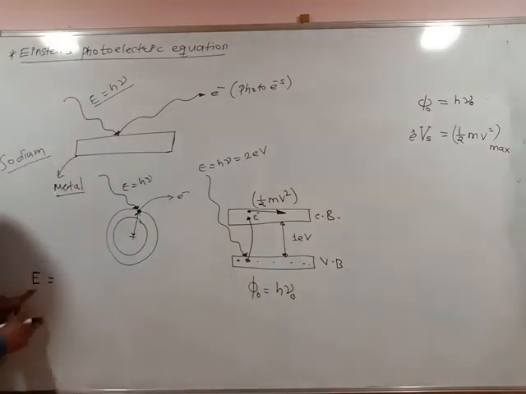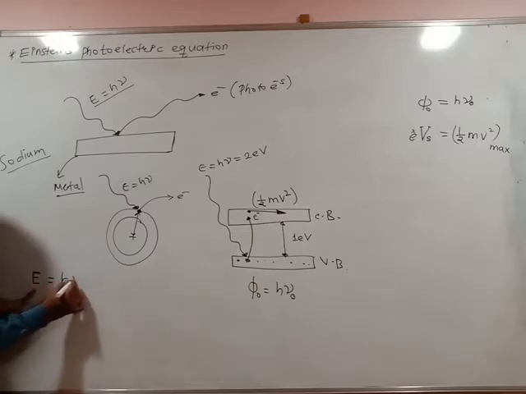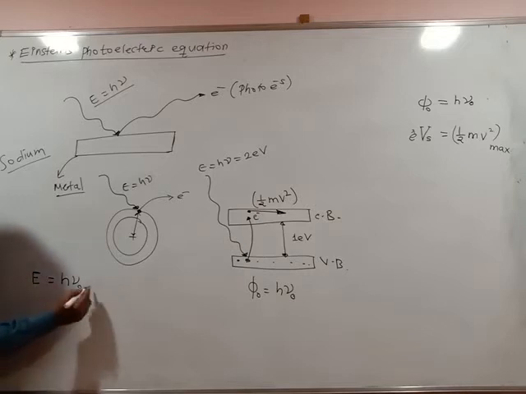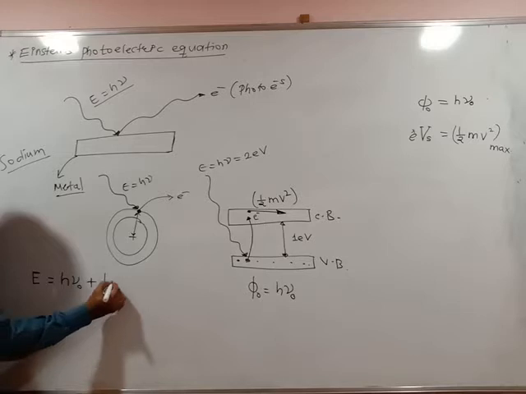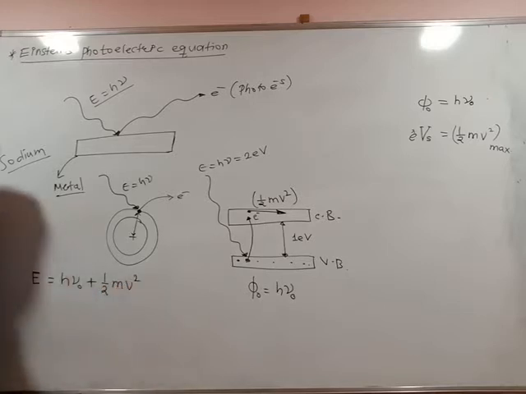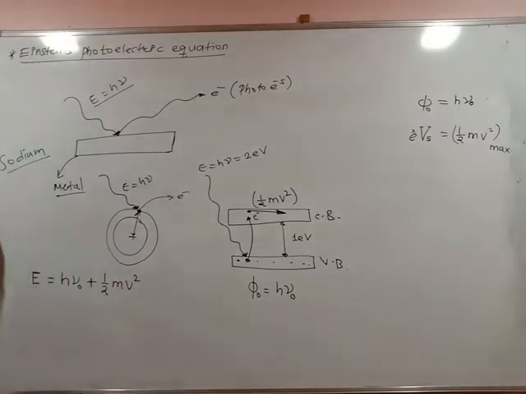So out of 2 electron volt, energy used to excite the electron is the threshold frequency, plus the remaining energy is used to increase the kinetic energy of the electron. Therefore, what is E? It is equal to the incident energy.